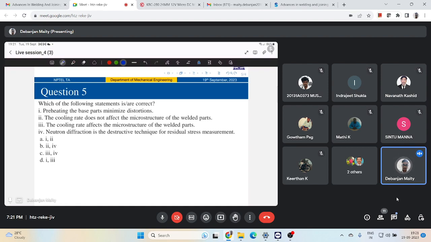To eliminate distortion, you can prepare some preset members which can counteract the distortion.